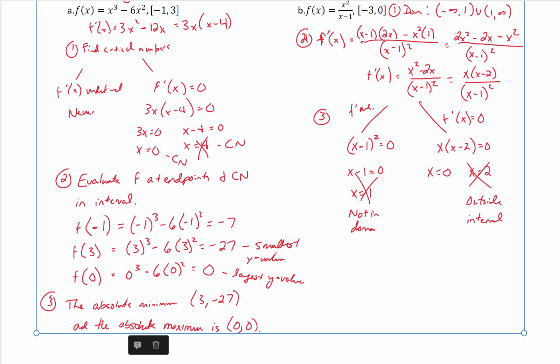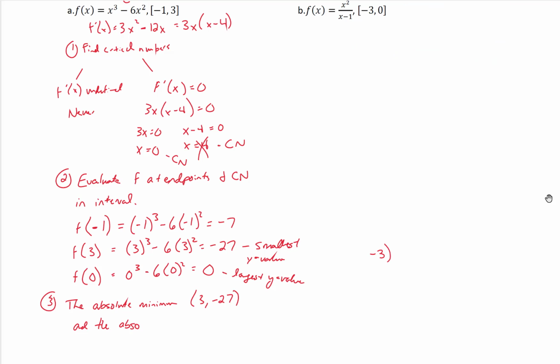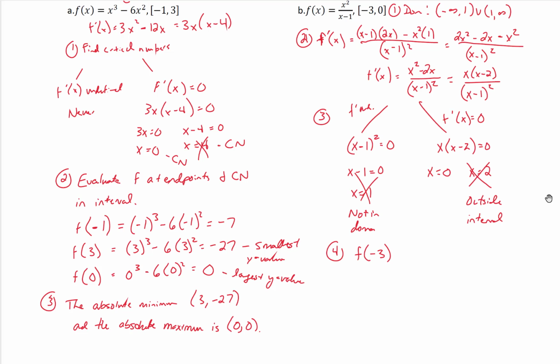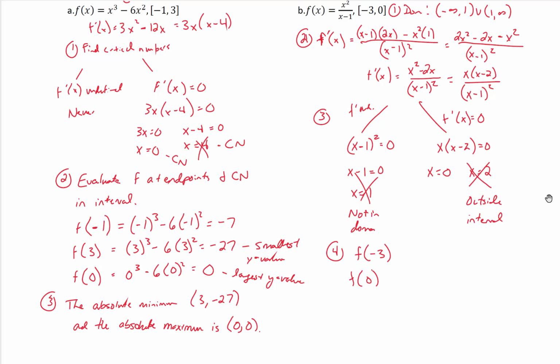All right, so then the next step, evaluate our endpoints. So in this case, we have to evaluate f of -3 because it's an endpoint, and f of 0 because f of 0 is both an endpoint and a critical number, right? And that was it. So f of -3.